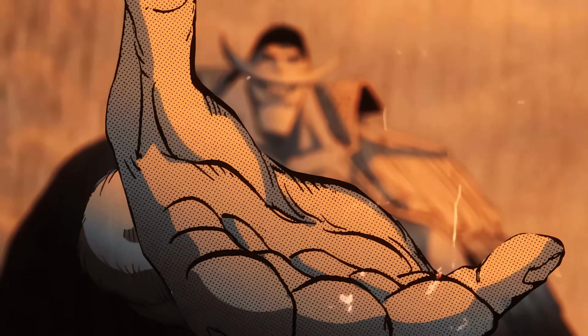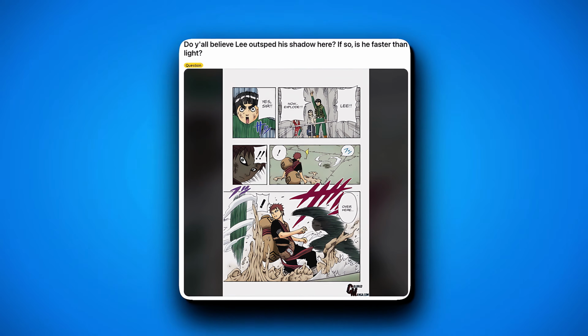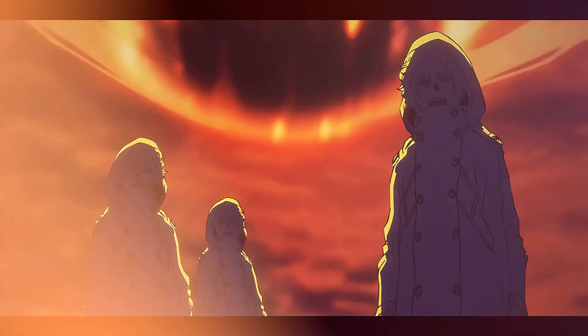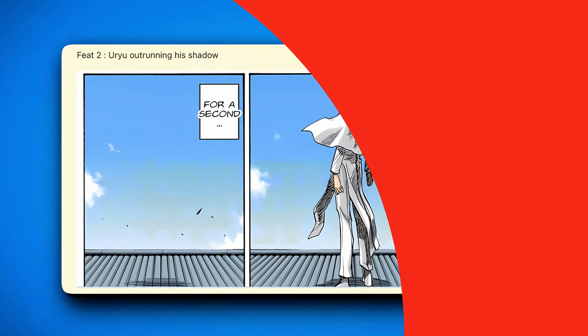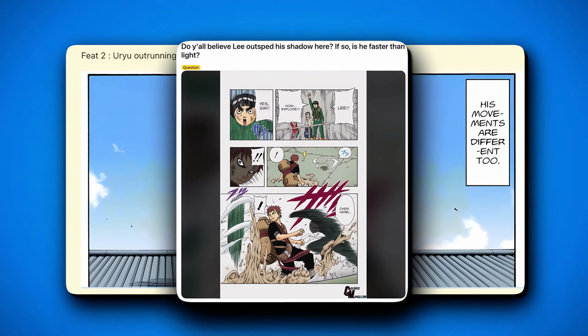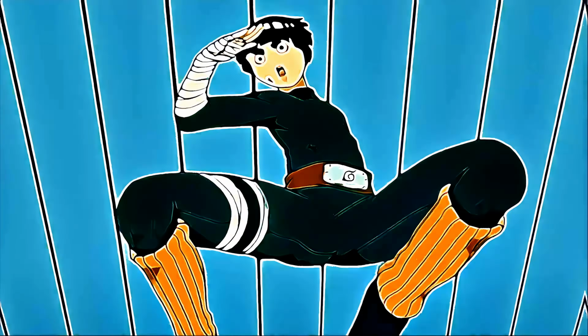Now there are a bunch of other things we could probably talk about, like the whole blitzing your shadow speed argument, particularly popular in the Bleach and Naruto fandoms. You see, this is where people will say something like Uryu blitzed his own shadow, and Rock Lee blitzed his shadow, and then try to use that as some kind of justification to scale these characters as faster than light, or in some cases massively faster than light.